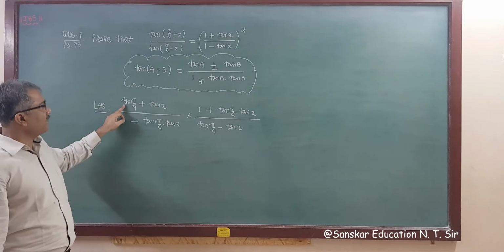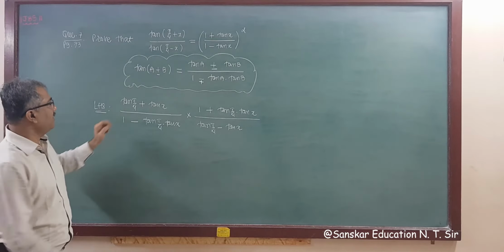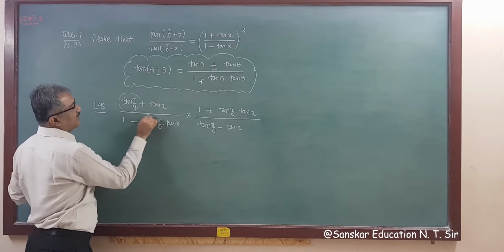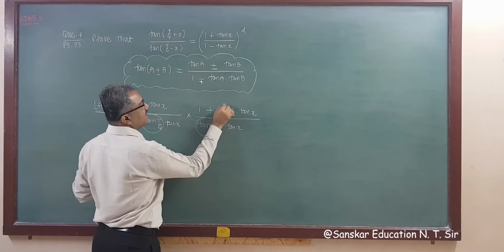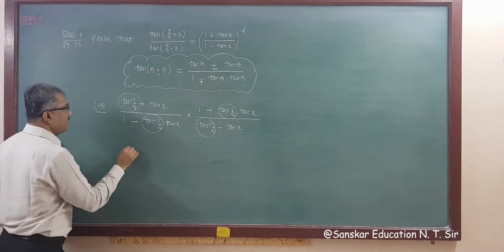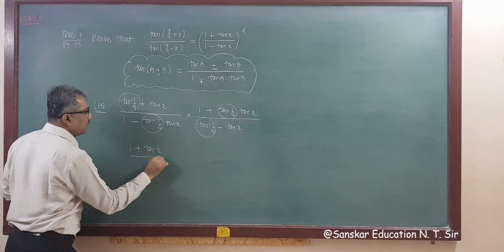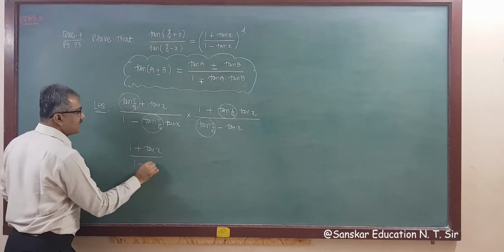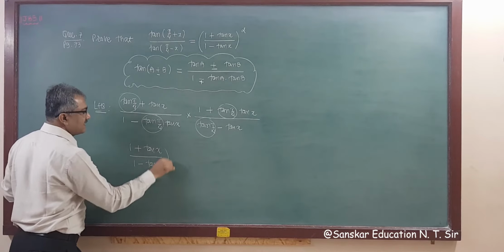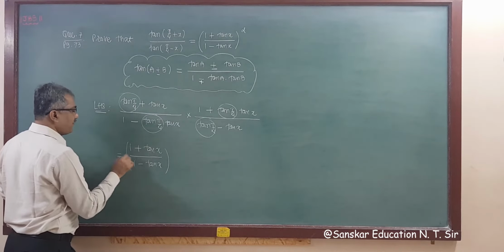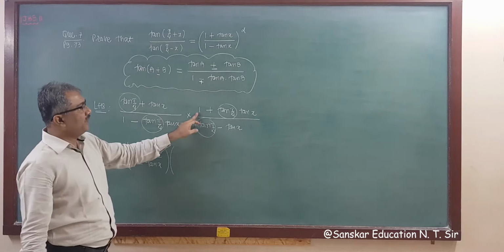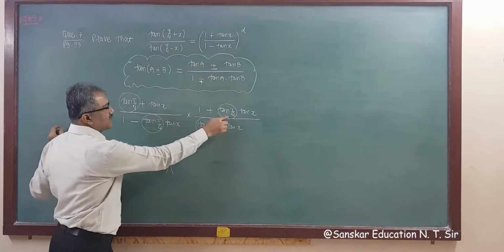Now you know tan pi by 4 is 1. So substituting tan pi by 4 is equal to 1, here 1, this is 1 and this is 1. So what we get here? 1 plus tan x whole upon 1 minus tan x into 1 plus tan x, because this is 1.